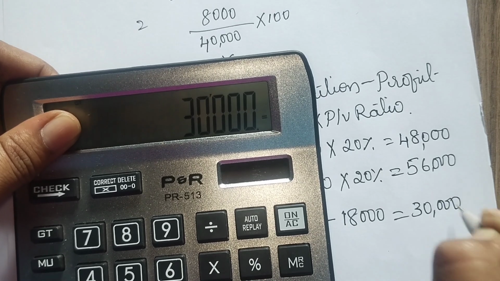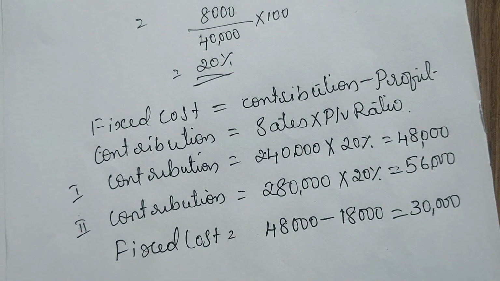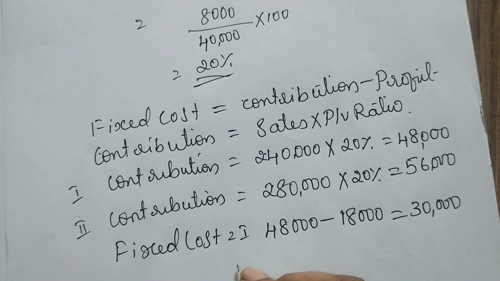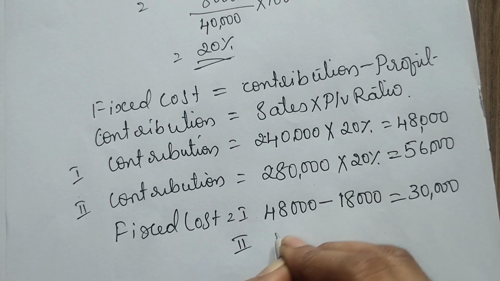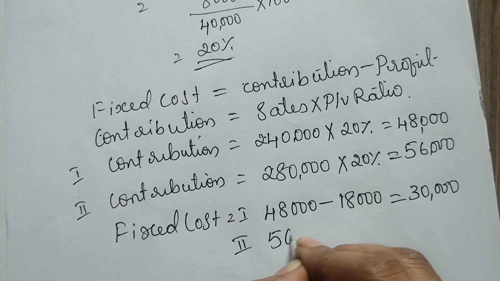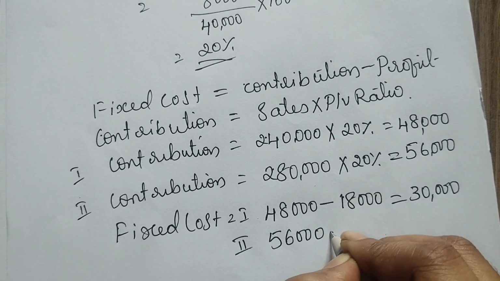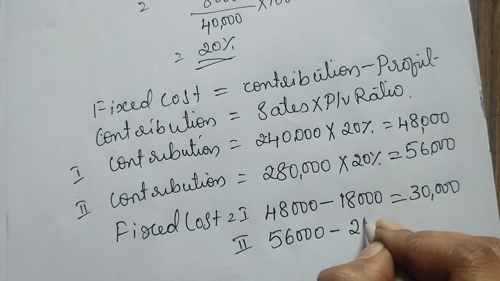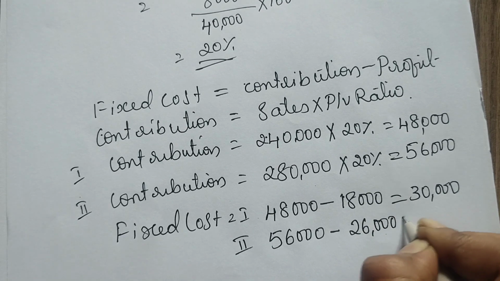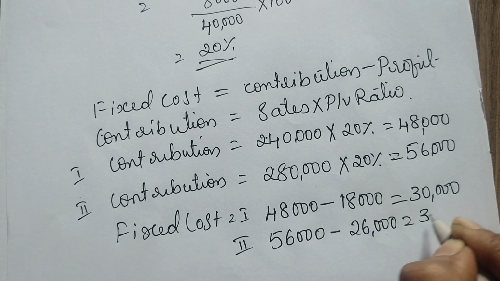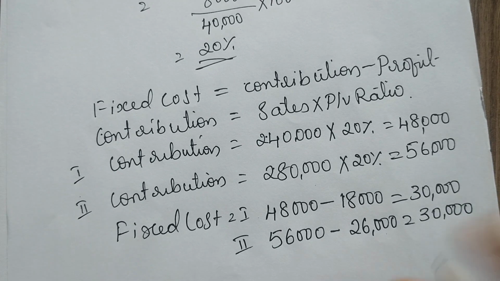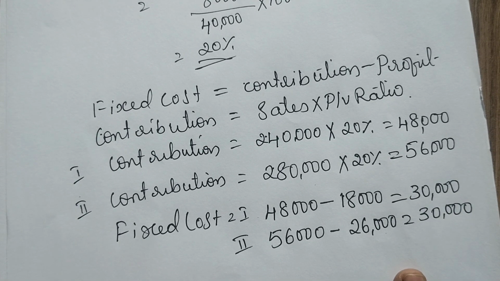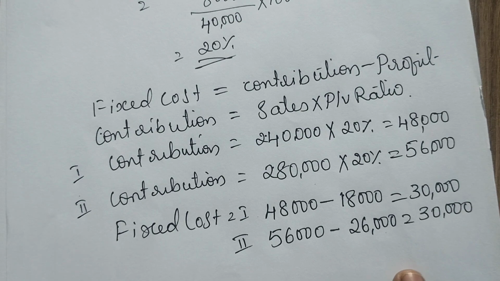Fixed cost for both the years you will get the same. If you want, you can check the second year: second year contribution is 56,000 minus second year profit 26,000, 56 minus 26 is also 30. So always remember the fixed cost will come the same for both the years because it is fixed cost.